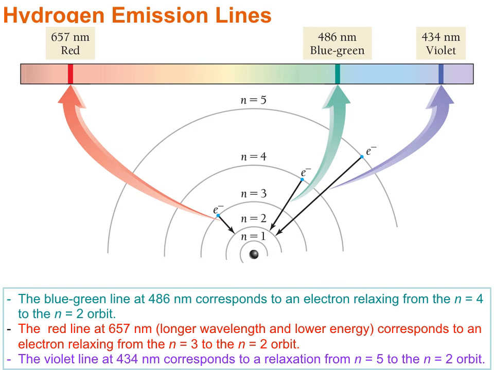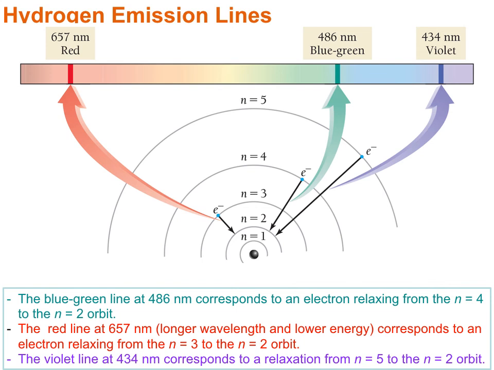That's higher energy. It's a shorter wavelength, so it's higher energy than the red photon at 657 nanometers. So that electron must be on the n equals 4 energy level, and it relaxes back down to the n equals 2. So overall, that's a change, a delta of 2 orbits. So it's a higher energy transition.